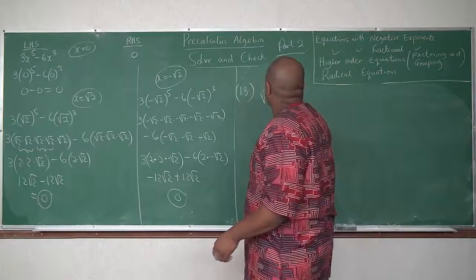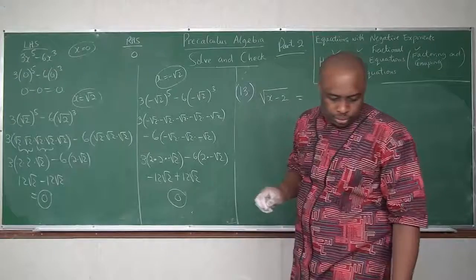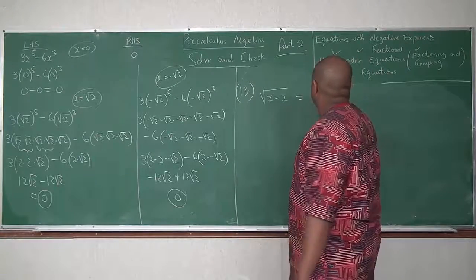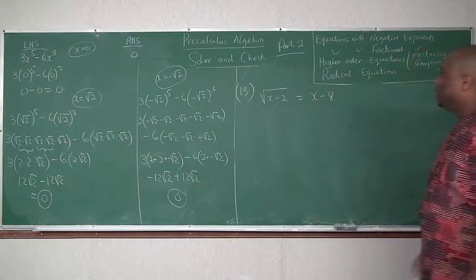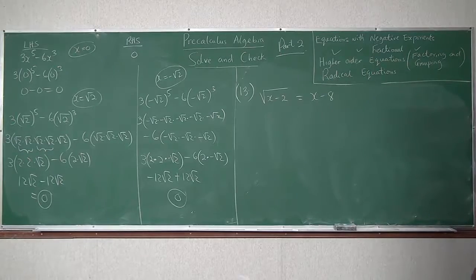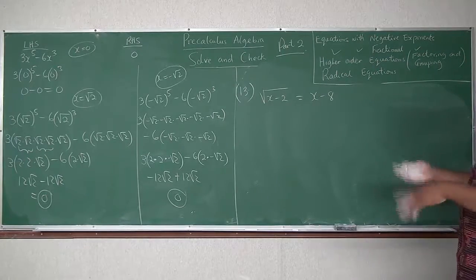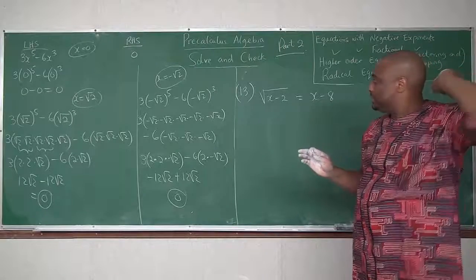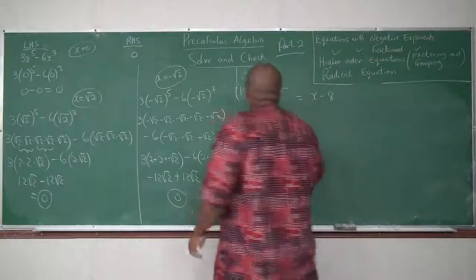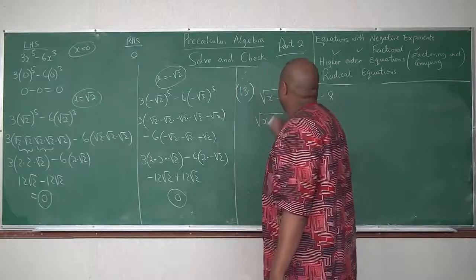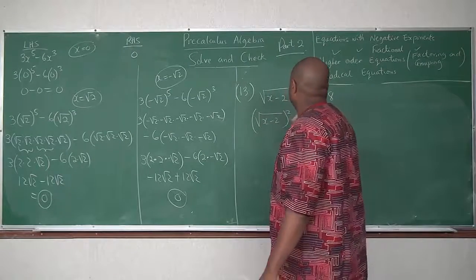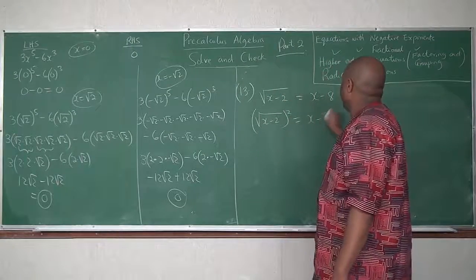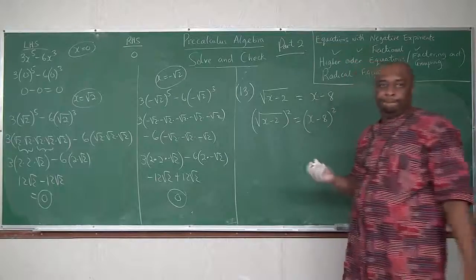We have radical x minus 2 equal to x minus 8. Here we square both sides. This is in order. You have radical x minus 2, all squared, equal to x minus 8, all squared.